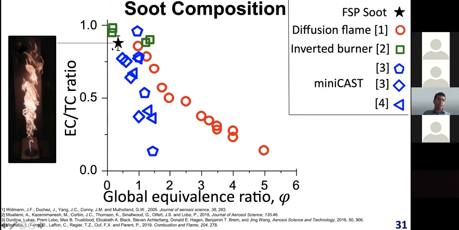In fact, for this FSP flame, the overall equivalence ratio is very lean because the jet entrains a lot of air, which results in overall lean combustion. And that's a further proof of why this reactor makes very graphitic particles.